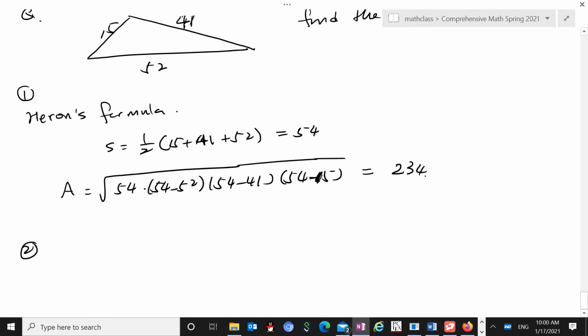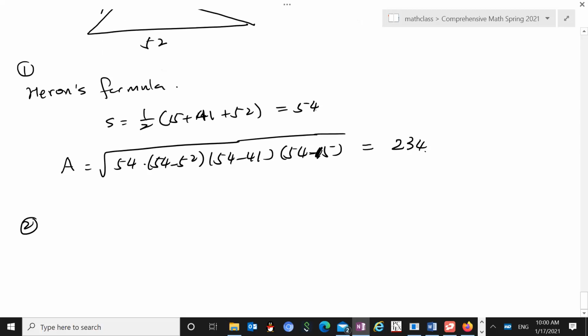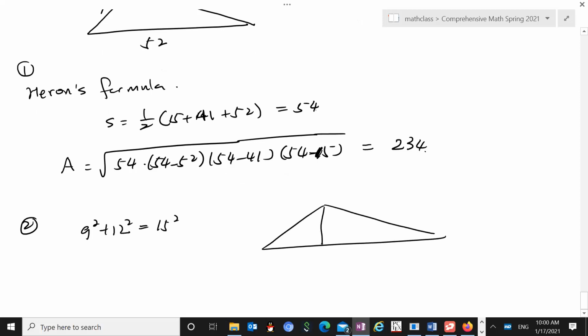The second method. Let's try another method. The first method is by luck. You recognize that we know that 9 squared plus 12 squared equals 15 squared. I want to try to draw the line here. Here's a 15, here's a 41, here's a 52.